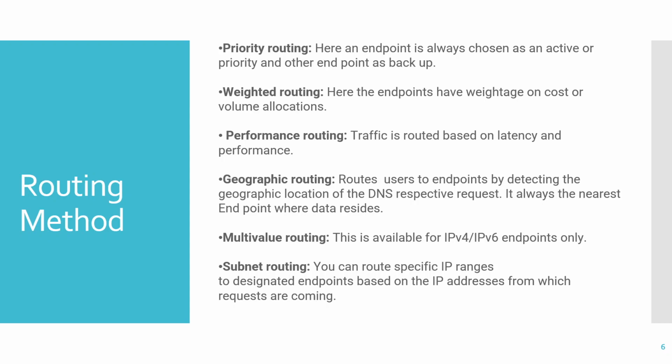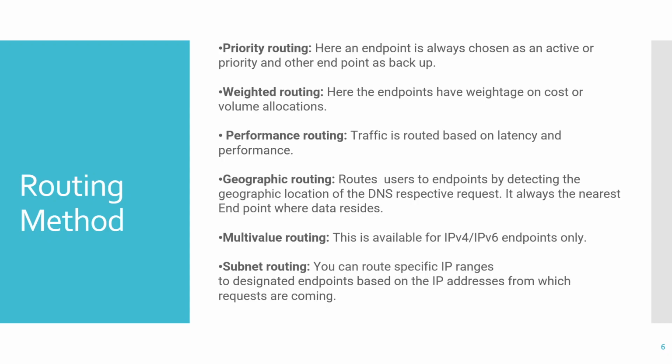What is performance routing? Traffic is routed based on latency, response, and performance. The service endpoint which provides a better, lower response time will be the preferred route in this routing technique.